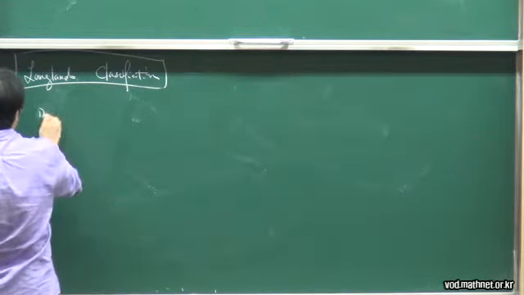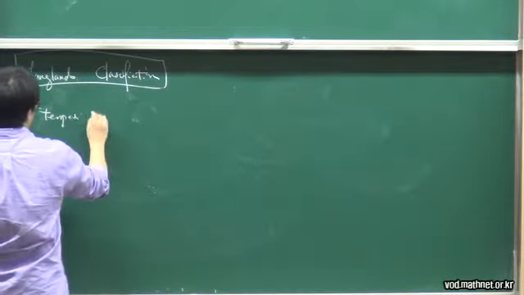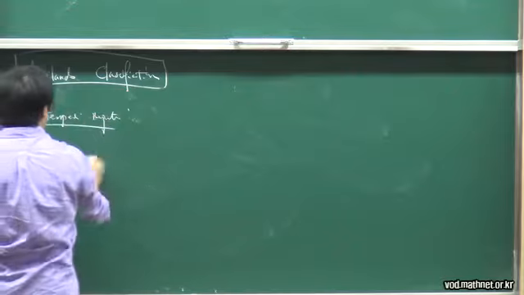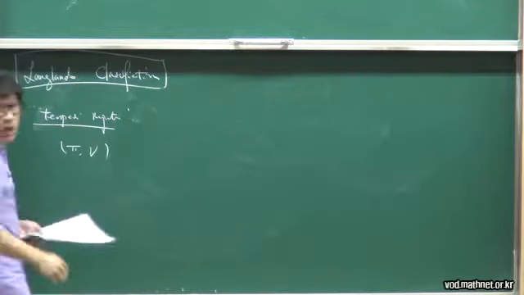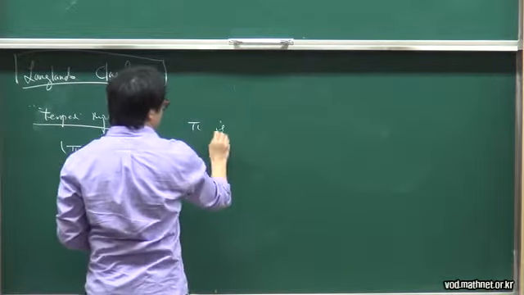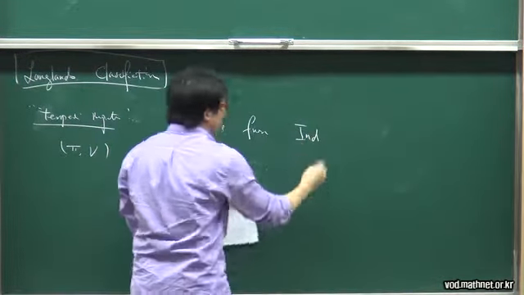Now we define the tempered representation. If we call pi v a tempered representation, it means pi is from this kind of object.